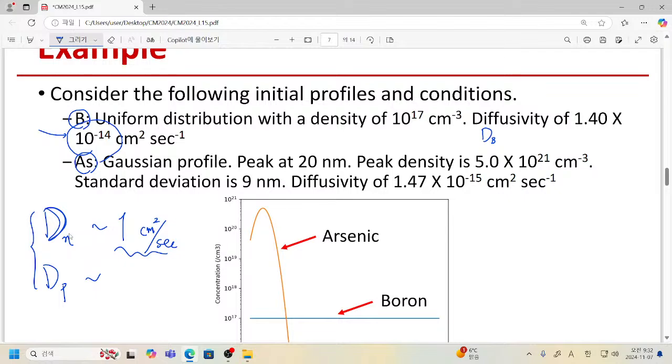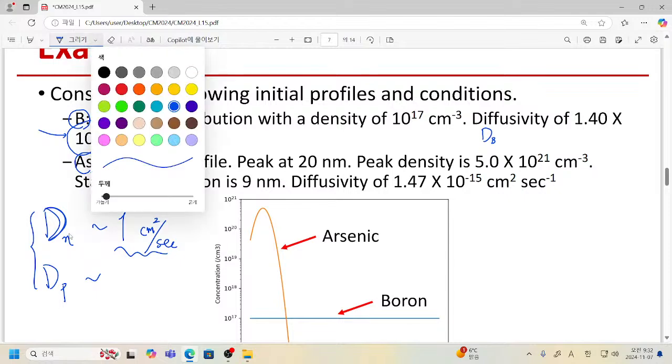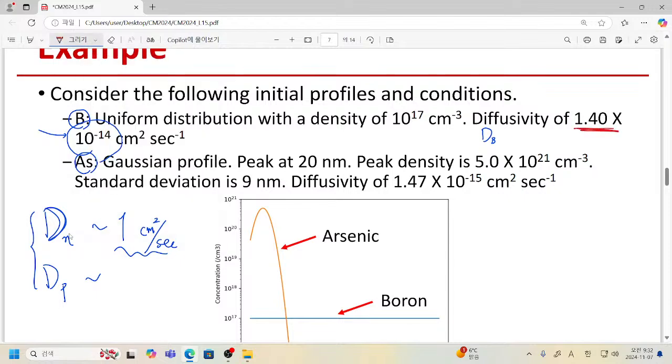That is the order of diffusivity of our electrons and holes, the charge carriers. But when you have a look at this number, this is really an amazingly small number. This is 10 to the minus 14, 10 to the minus 15 square centimeter per second.